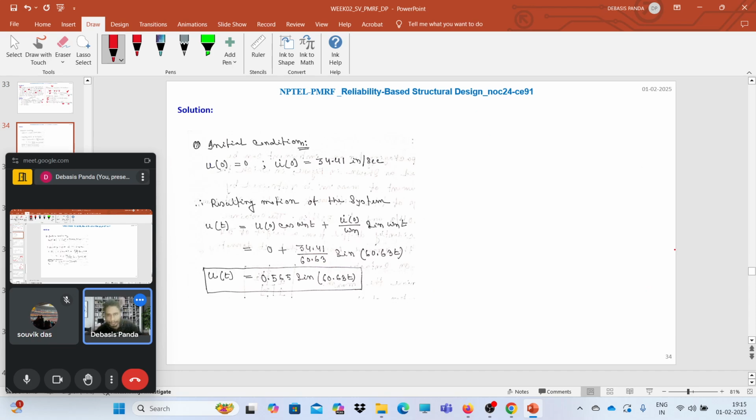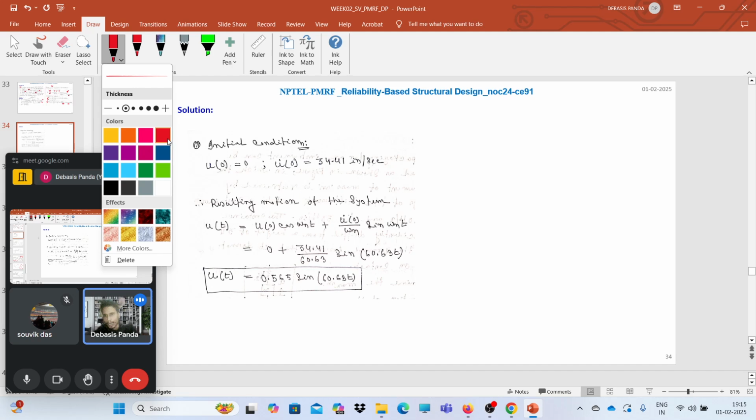Now, for the initial conditions, we find u0 is equal to 0, and u dot naught is equal to this. Now we have the equation of motion for the undamped free vibration case, because damping was not present there.